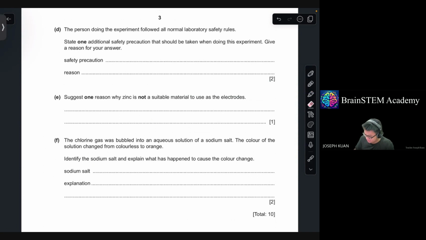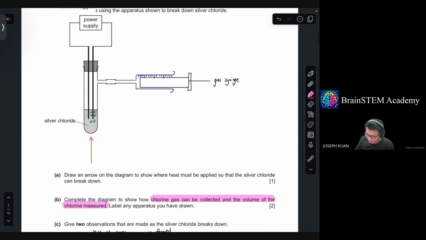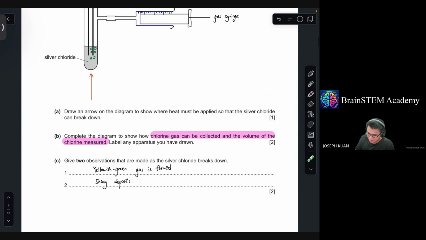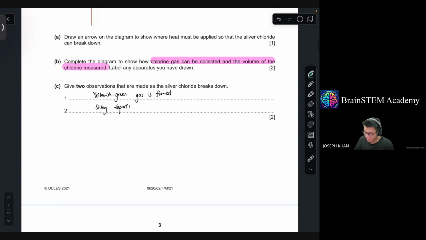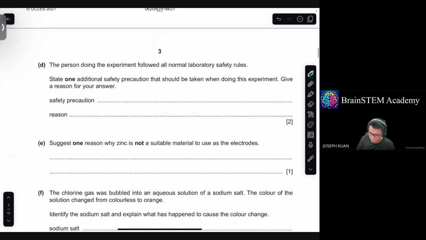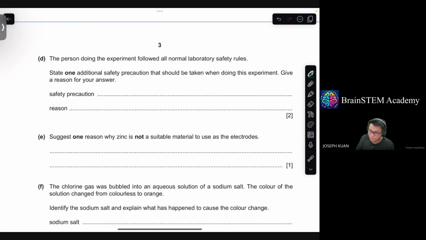Well, you are essentially dealing with a creepy, green, toxic gas. So how should you operate this experiment? You can use a fume cupboard, or you can do this experiment in a well-ventilated space.